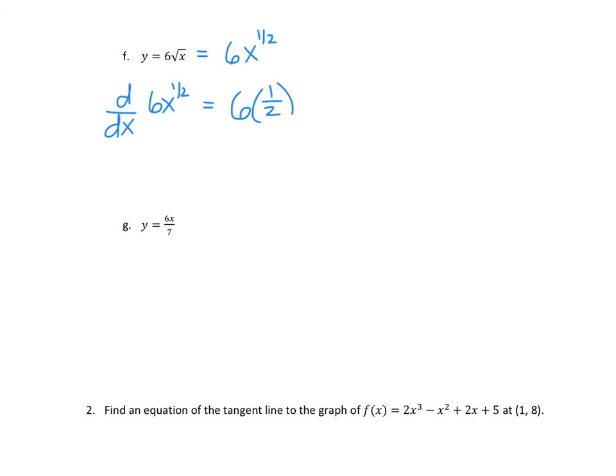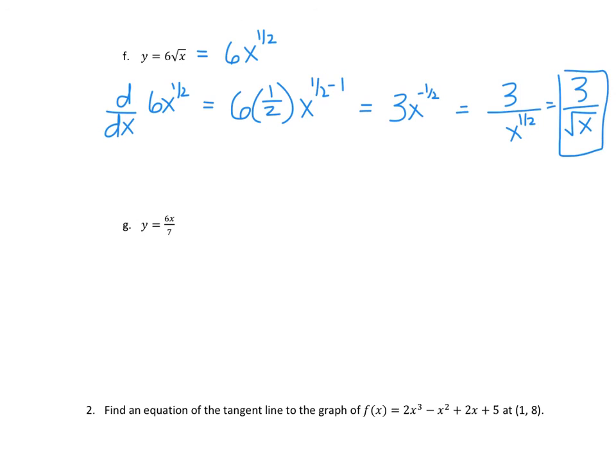We carry that along with us, and then we subtract 1 from the exponent. Simplifying, we have 3 as our coefficient, and subtracting 1 from 1/2 leaves us with a negative 1/2 exponent. If we like, we can get rid of that negative exponent by moving it to the denominator. So we have x to the 1/2 power in the denominator, or we could write this as 3 over the square root of x, and that is our derivative.